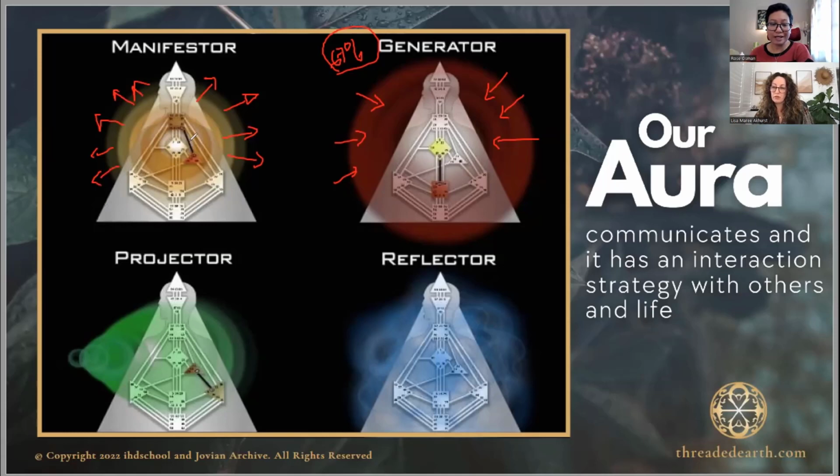So the manifestor strategy, because they are so powerful with their energies, right? Whenever they release their energy, it can impact others, it can affect others. So their strategy is to inform others before they act.